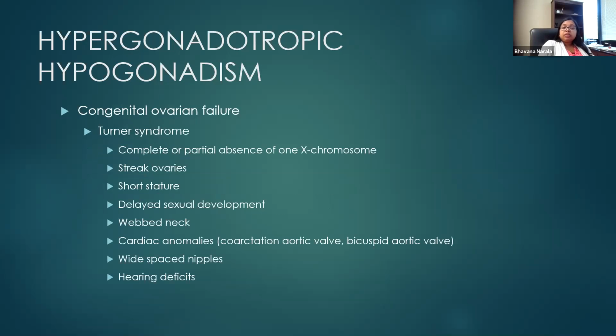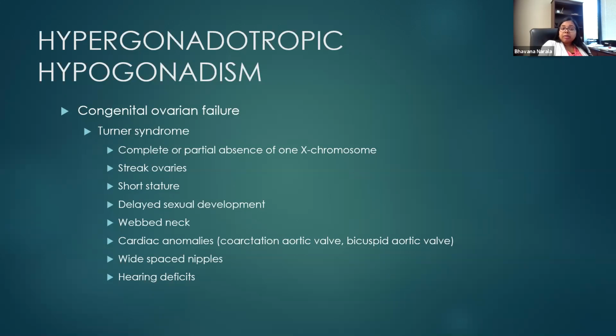And then in girls, the most common one that we see is Turner syndrome. So this is complete or partial absence of one X chromosome. They usually have streak ovaries, which are definitely not responding to the elevated LH and FSH levels. So you have undetectable estradiol levels in these girls.